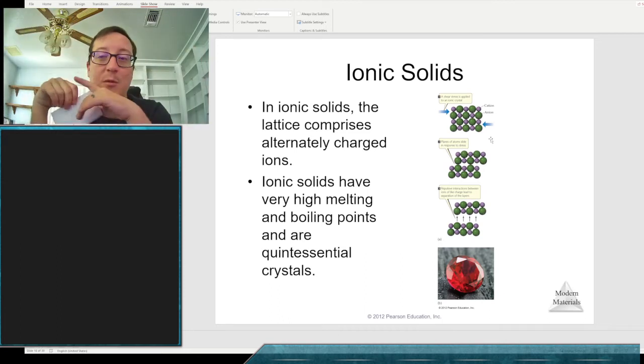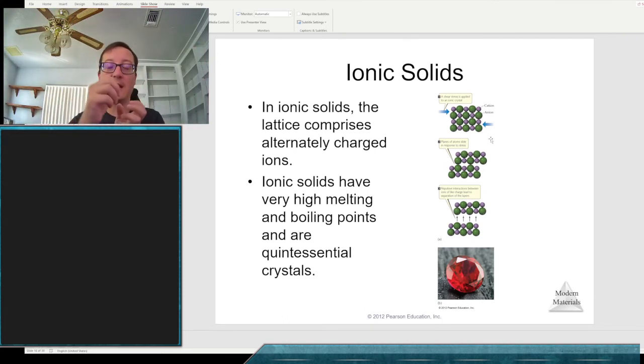That doesn't happen with ionic solids. If you break them, they actually shear off each other and you get sheets. You get very distinct lines because they start repelling each other. If you shear them and they don't line up, you end up having them repel each other, and so they flake off. And so you end up with pretty distinct things.